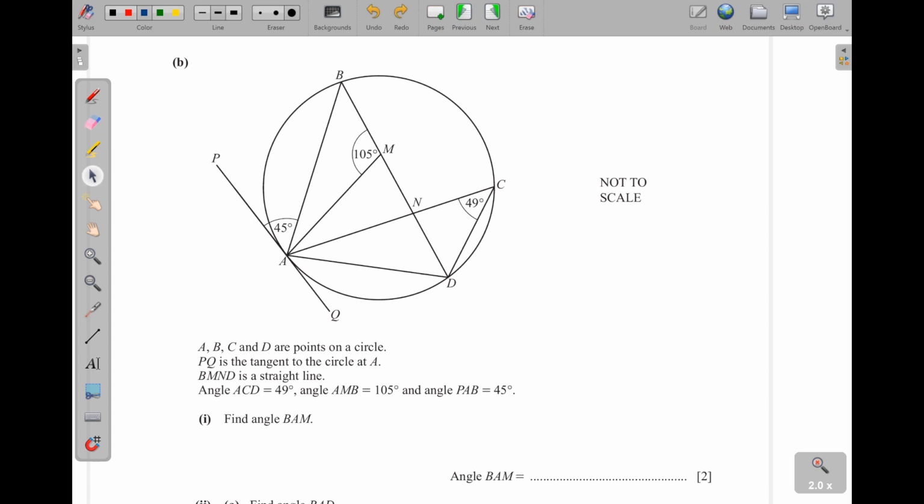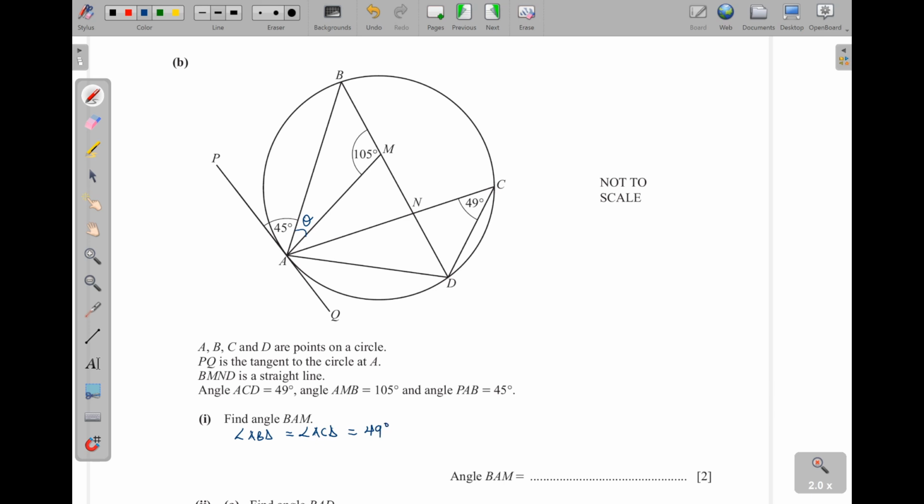Now, angle BAM, this one here, this is the one that you want. Okay, now angle ABD, I want you to follow. Angle ABD is actually equal to angle ACD, which is equal to 49 degrees.